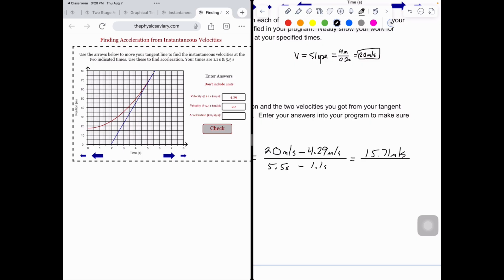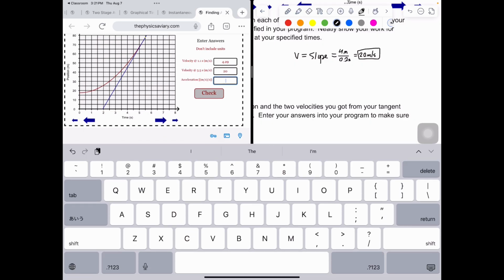My time interval is exactly 5 seconds. No, it's not. Sorry, let me try that again. 5.5 minus 1.1, there we are. My time interval is 4.4 seconds. So my unit is going to be meters per second per second, which is meters per second squared. So for me, I'm looking at an acceleration of about 3.57 meters per second squared. Go ahead and enter yours into your program.